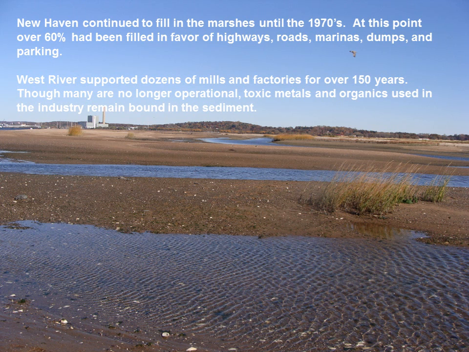So you have this long history of just total marsh destruction along the New Haven highway system. And all those mills that were functioning for hundreds of years, they're no longer operational, but a lot of the toxic metals and poisons that they helped produce and keep their machineries going are still in these sediments and in these habitats.